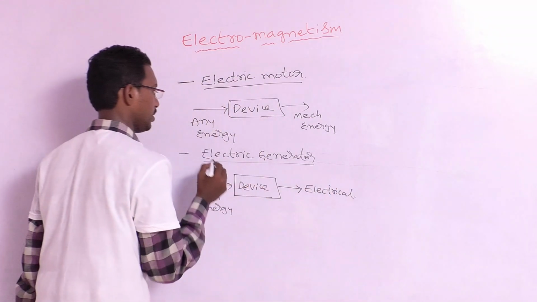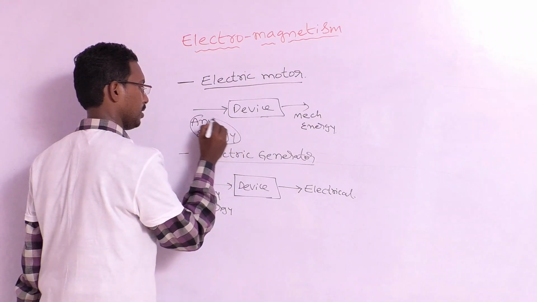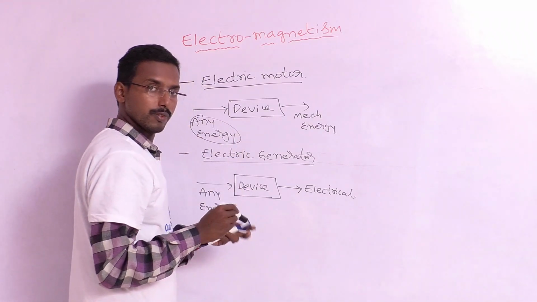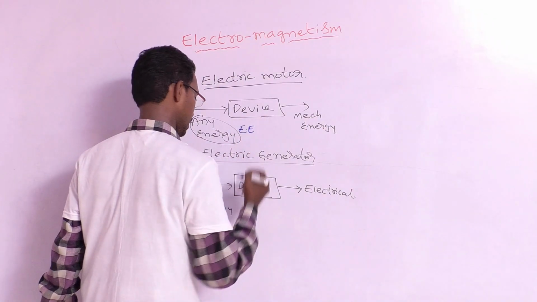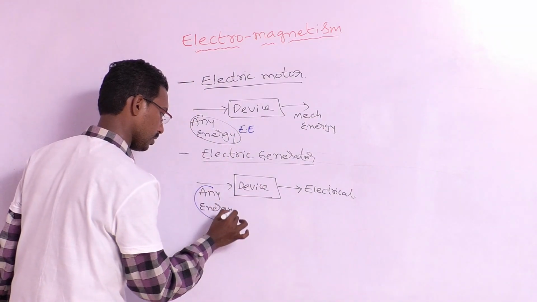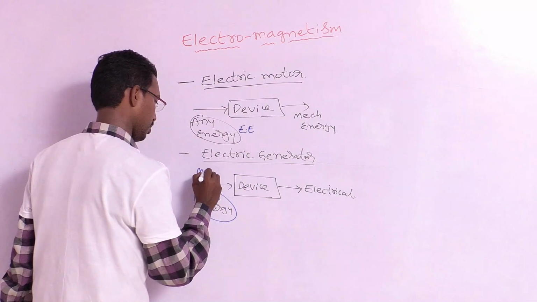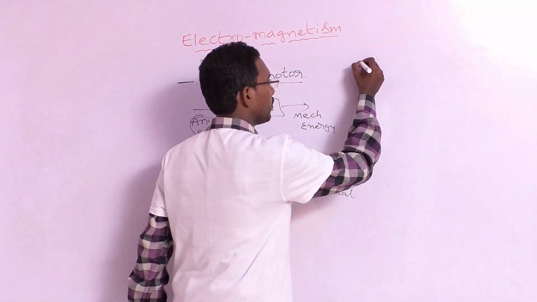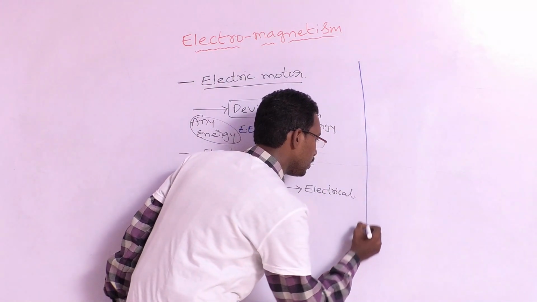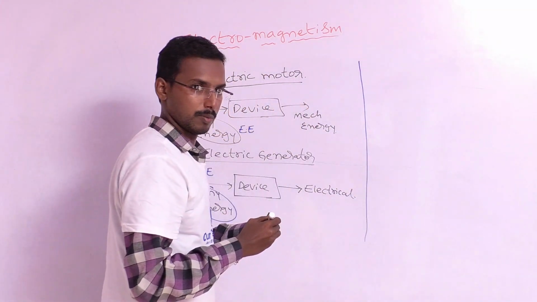In most of the cases, this any energy is nothing but mechanical energy. So that is the topic. In this we will deal with three topics. First one is the electric motor.